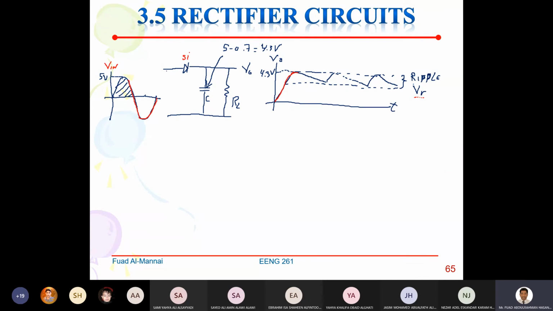We give it a variable here called VR, ripple. Everybody got that? The maximum value that the capacitor will charge to is 4.3, since the Vin is 5 volt, 5 volt minus 0.7 is 4.3. This is the maximum voltage that the capacitor will charge to. Got it? So this one is ripple.